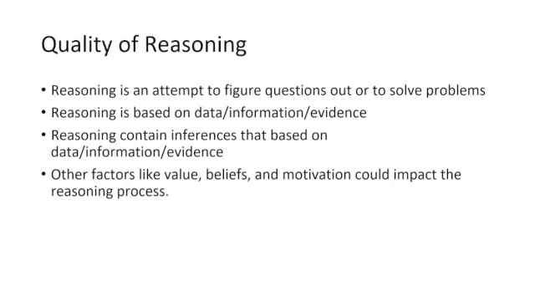Therefore, a simple act, like trying to solve a problem or just deciding which eggs I want to buy, involves data, information, or evidence. The data, information, or evidence comes from your experience and prior knowledge, or things that you learn from other people, books, or the internet.